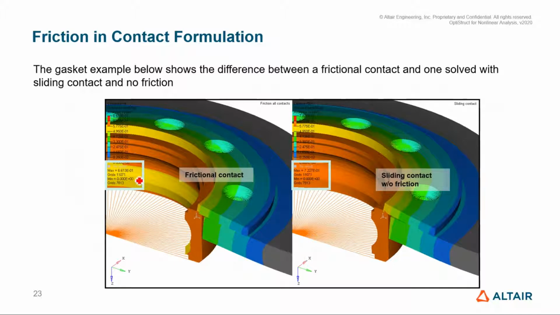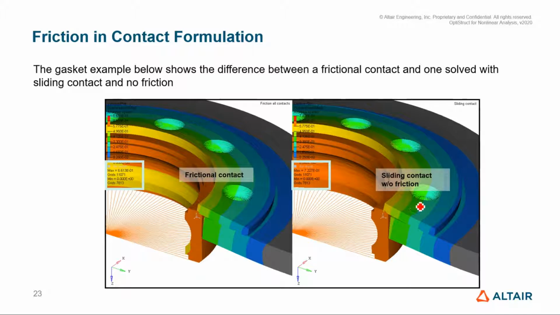Of course, there will be a difference if there's a frictional contact with and without friction. This is just to demonstrate the difference. Depending on whether you need friction or not, in most cases, you definitely need some friction.